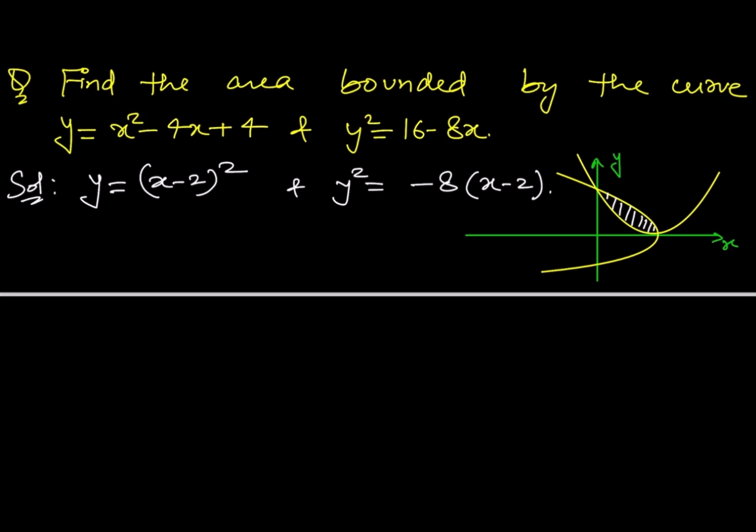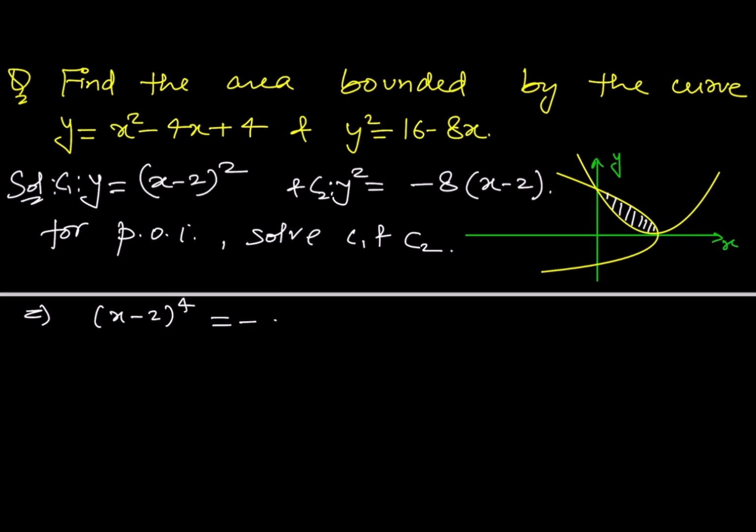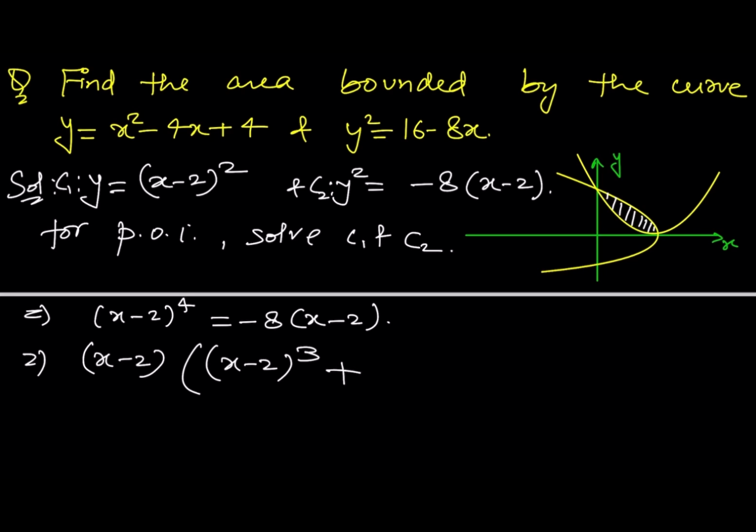So this is the figure, and we need to find this area, right? So find the point of intersection. For the point of intersection, solve these two curves, C1 and C2. From this, (x minus 2) to the power 4 is equal to minus 8 times (x minus 2), right? So x minus 2 common, (x minus 2) whole cube plus 8 is equal to 0.